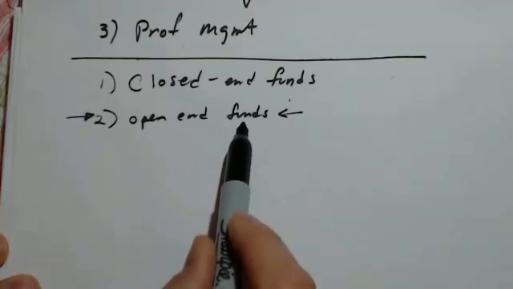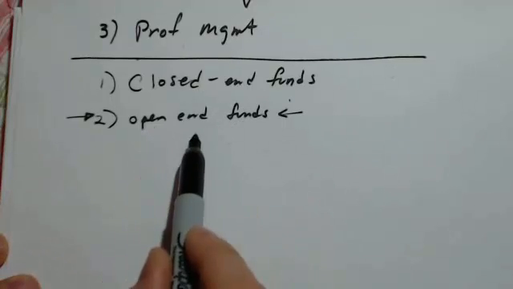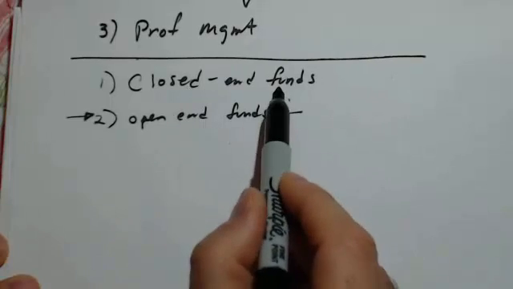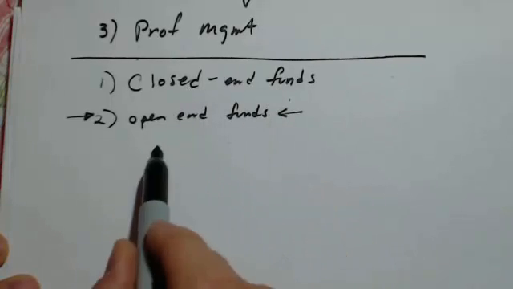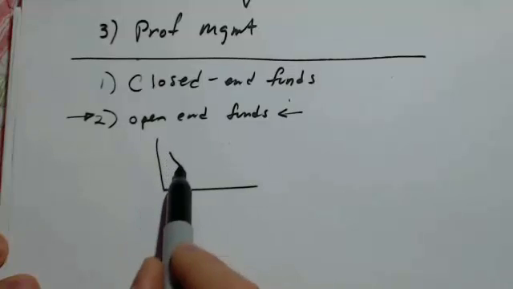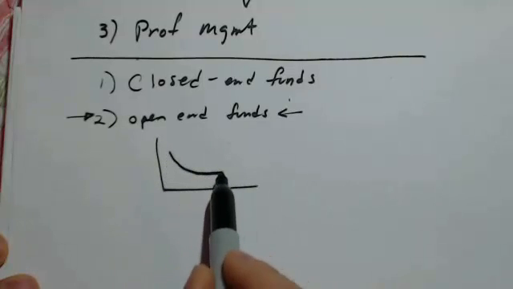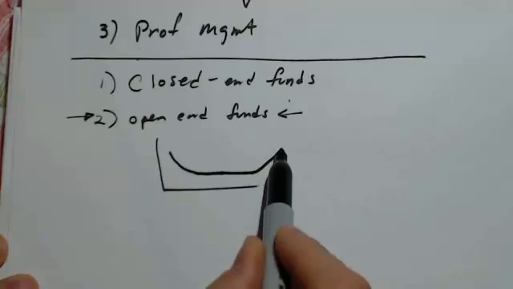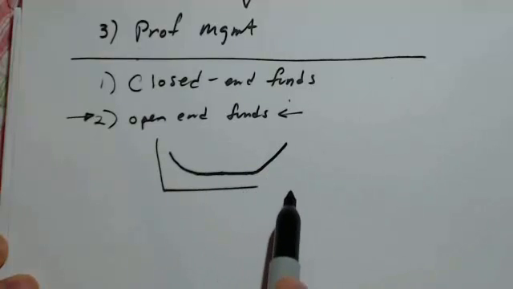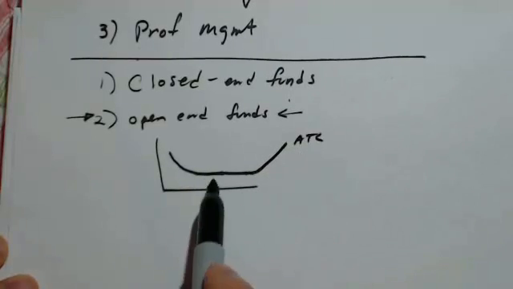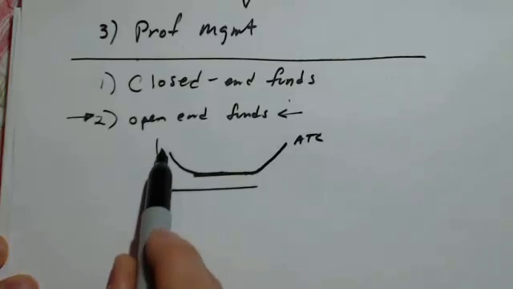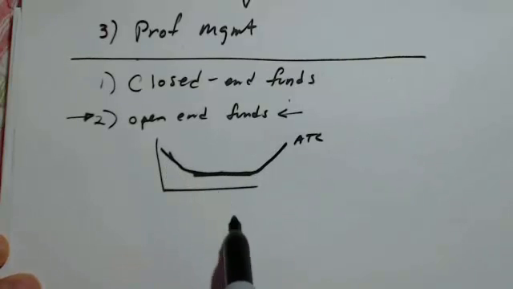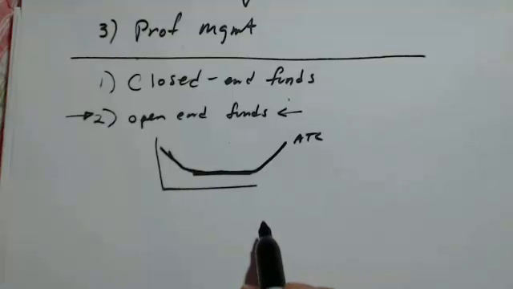But with open-ended funds, you can get economies of scale that you couldn't get in closed-end funds, because the fund could get bigger and bigger, and who knows exactly where the uptick is in the average total costs. The average total cost could be quite flat for a while, and so you could have a good sweet spot for quite a while. So open-ended funds are by far the most popular.